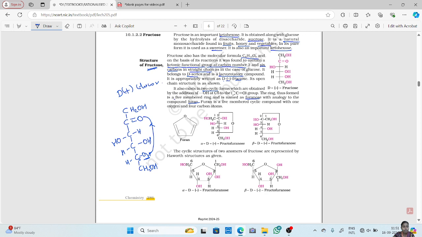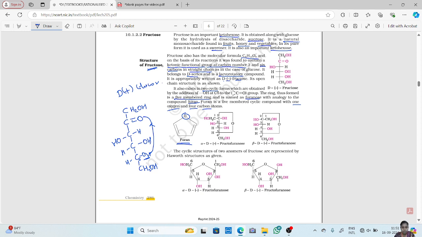Here it is a 5-membered ring, furanose, and this name comes from the compound furan. Furan is a 5-membered cyclic compound with 1 oxygen and 4 carbon atoms.